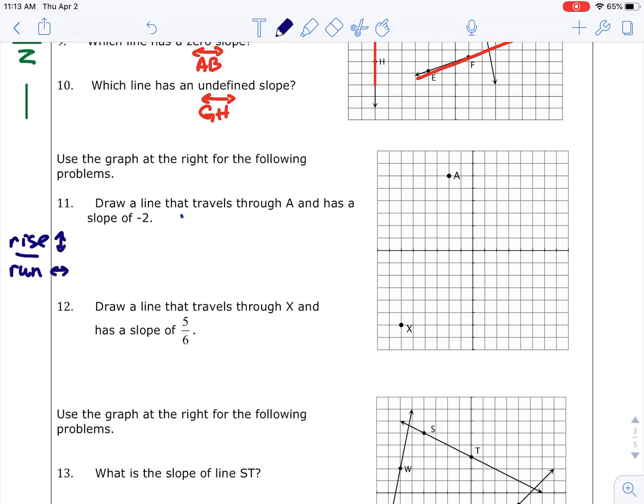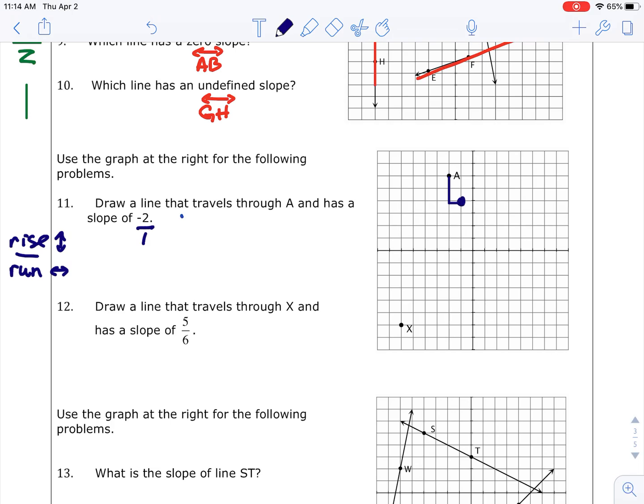Whenever I'm given a slope that is a whole number like I see here, I'm going to take that and write it over the number 1. So now my slope is -2 over 1. Now, if I am rising a negative amount, that means I'm going down, and run, my positive, means I'm going to the right. So in this case, I am going down 2, and then I'm going right 1.